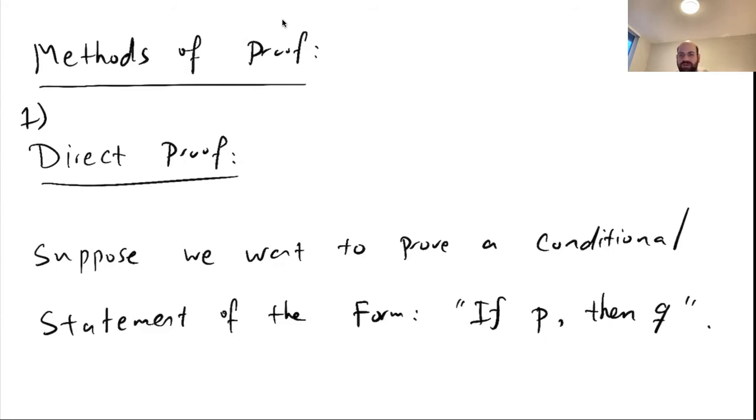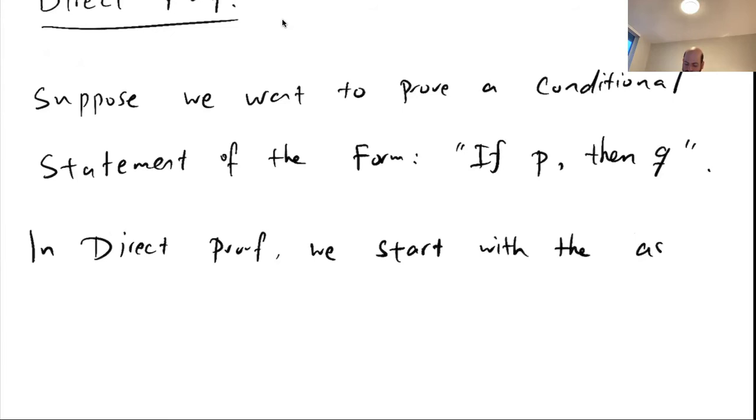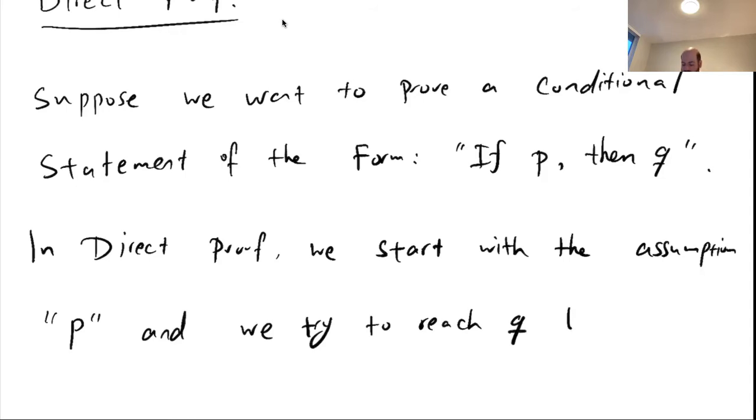And at the end, we have to reach our conclusion, which is called Q. Okay, so in direct proof, we start with the assumption P, and we try to reach Q.